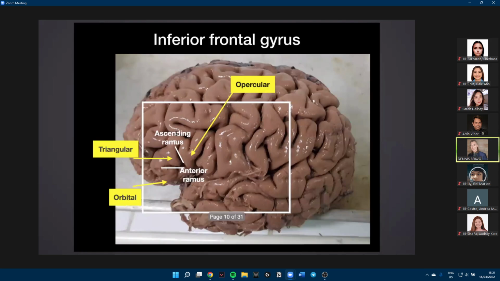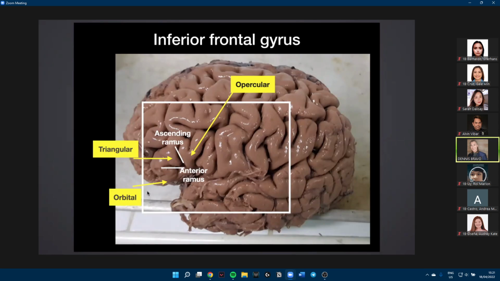Now let's focus our discussion on the inferior frontal gyrus. There are three areas here that are very important. These are the orbital gyrus, the triangular gyrus, and the opercular gyrus.